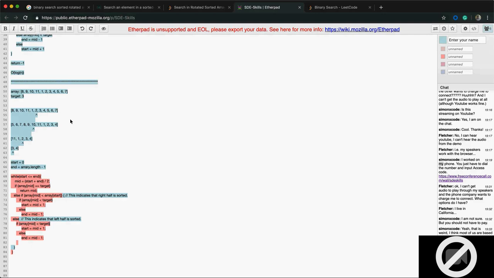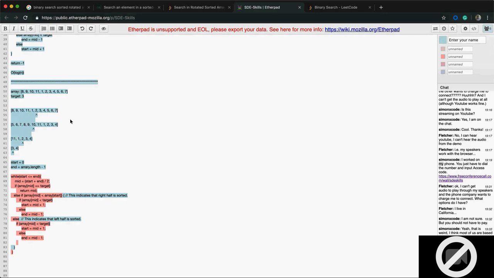So in this case, we should not come into this else. Array of mid is 10 and array of start is 5. So 10 is not less than 5, right? So we'll not come into this else. We'll go to the next else.